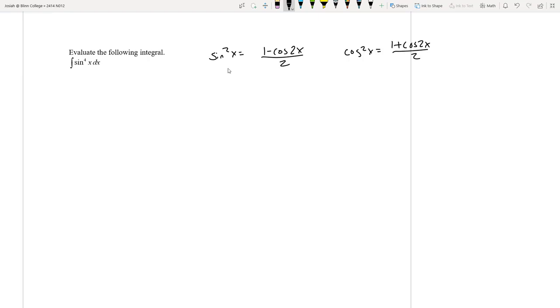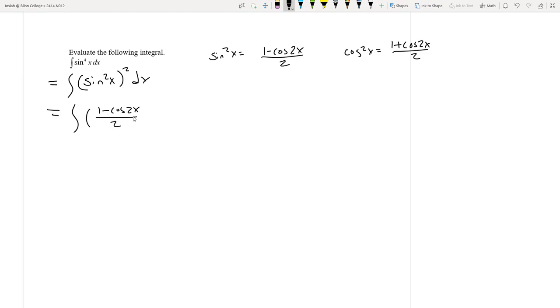So when we do that, we'll end up with cosine squared of 2x, which actually does reduce the power. And we can do power reducing again to lower that even further. So that's going to be our strategy for this one. We'll go ahead and turn this into sine squared of x squared dx and use power reducing. So 1 minus cosine of 2x over 2.